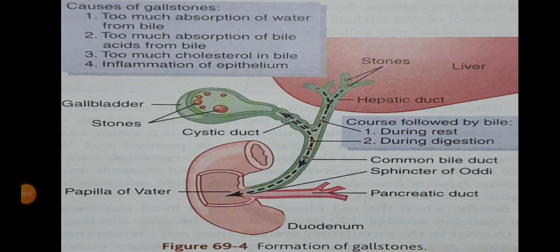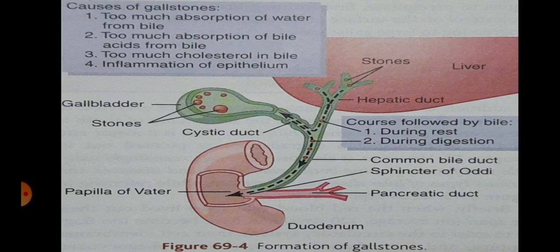cholesterol gallstones. What are the causes of gallstones? One is too much absorption of the water and bile salts from the bile in the gallbladder mucosa, two is inflammation of the gallbladder epithelium due to low-grade infection, and three is too much cholesterol in the bile.